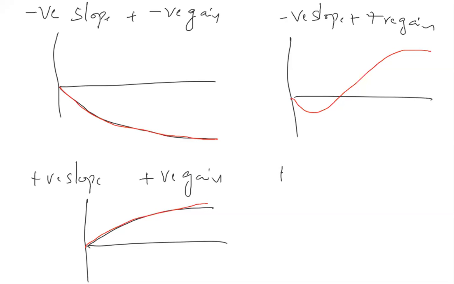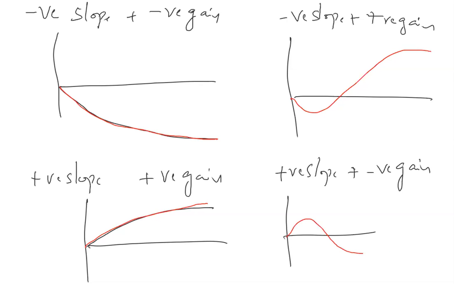Next one is positive slope plus negative gain. So the importance is here. These are no surprise, but these kinds of systems are some special systems.